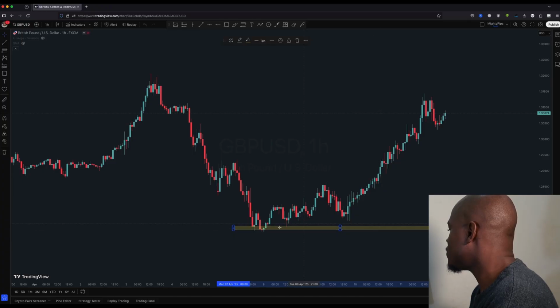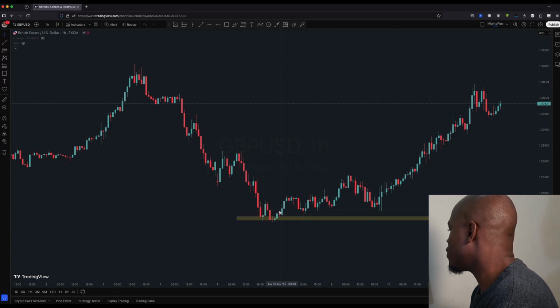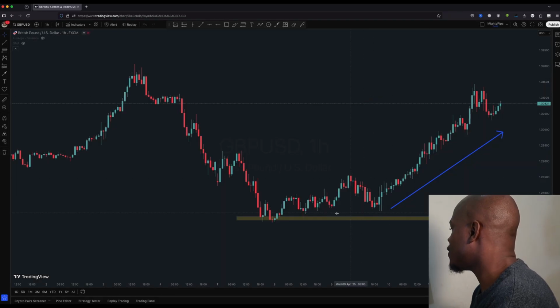So you can say that this is my support, that when the price bounces here once, like you can see here, it bounced once, bounced the second time. When it comes back there the third time here, you know that the market is going to go up, which means that the value of the pound, which is the currency to the left, is going to increase, while the currency to the right is going to decrease in value.